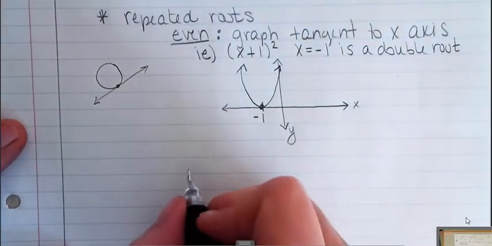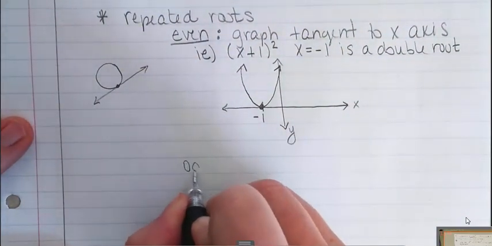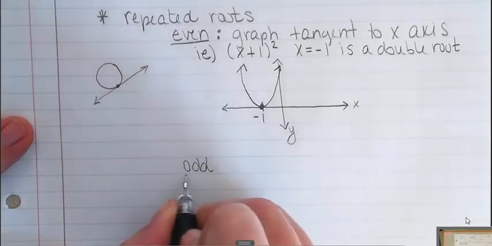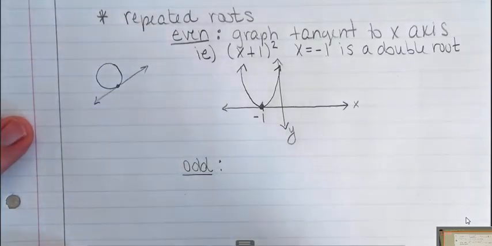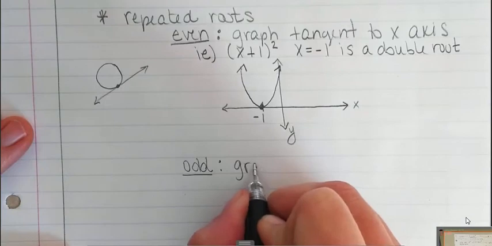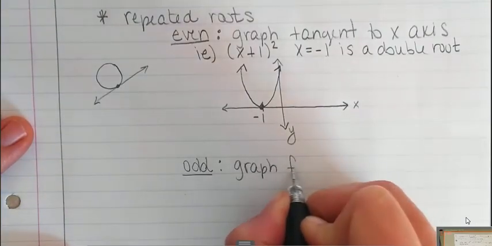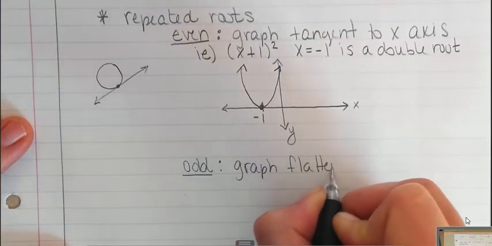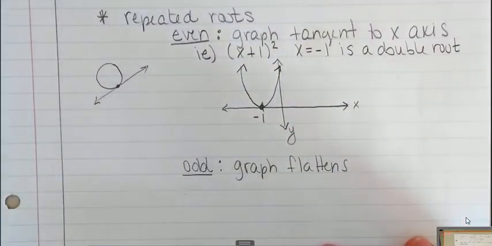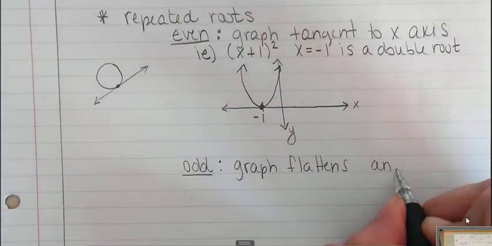You could also have odd roots, or odd repeated roots, I should say. And so this is where the graph will flatten, and then it crosses the x-axis.